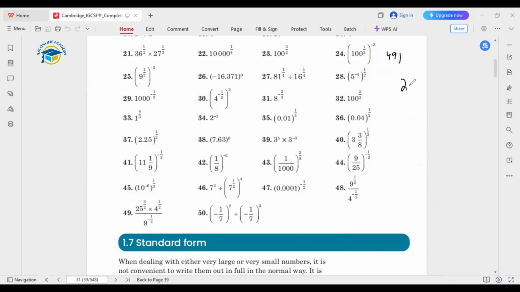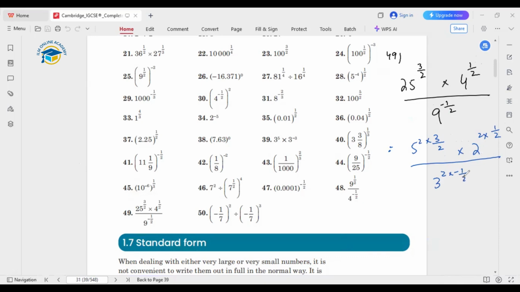We have been given 25 raised to the power 3 by 2 times 4 raised to the power 1 by 2. In the denominator, we have 9 raised to the power negative 1 by 2. First, write them all with squares. 25 is 5 square, times 3 by 2. 4 is 2 square, times 1 by 2. 9 is 3 square, times negative 1 by 2.